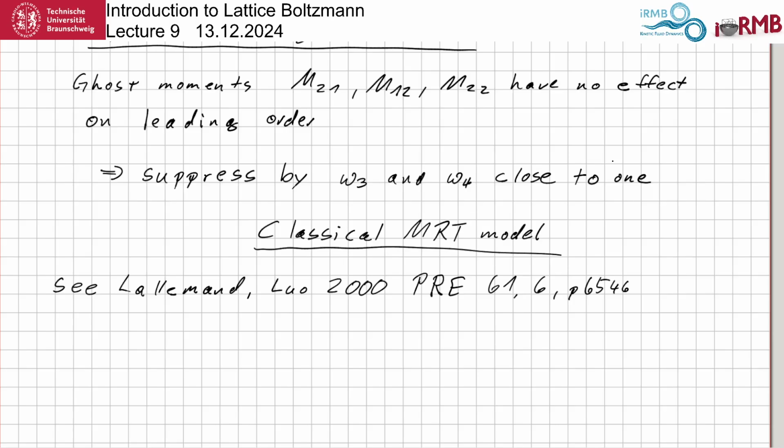So let's talk about how it's classically done. This is not the way we do it today, but it's important to know. There is a transformation done between the distribution, so the populations, and the moments. And this is done by using a matrix.